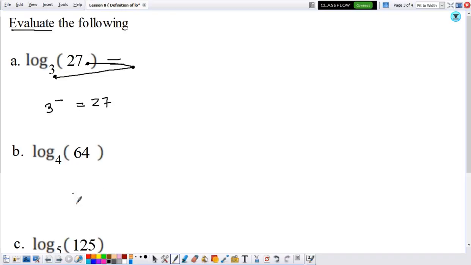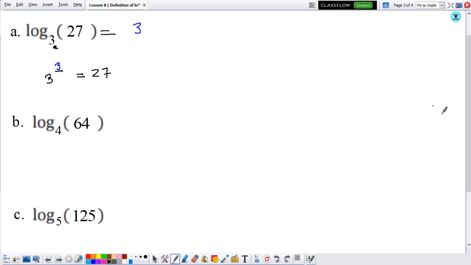We know that 3 to the third is 27. So that means that the number that's inside, or our result, or our answer, is just 3. Because 3, which is my base, to the third gives me 27.